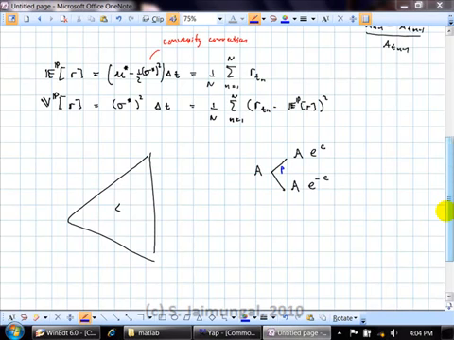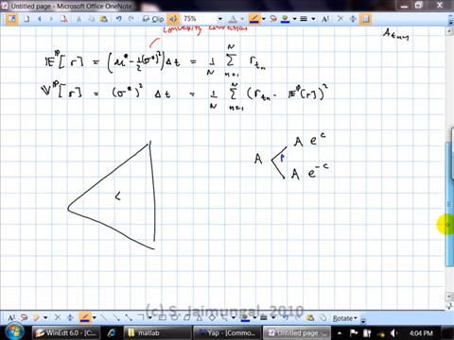So that's enough. I can't throw in a third. I can't put e to the c and e to the minus d. I'll have over-specification. I mean, I could, but then I'd have to use some other thing to decide on what d should be. Okay? So I'm trying to give you a rationale as to why this form. Make sense?